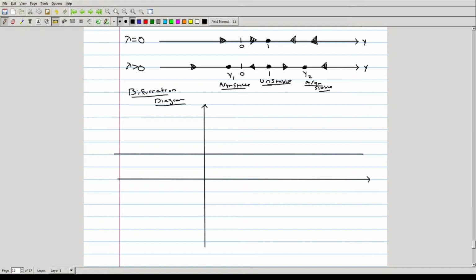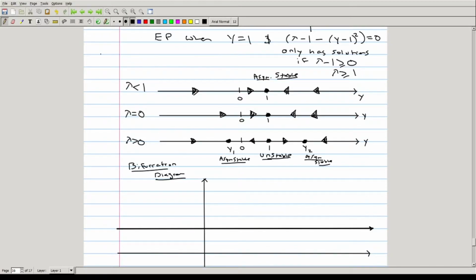So we always have a critical value here at y equals 1. Oops, sorry, I wrote lambda equals 0 here, but I should have written lambda equals 1. I apologize for that, it's just a typo on my part.